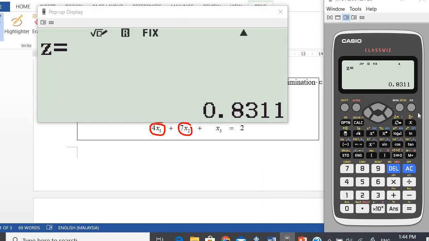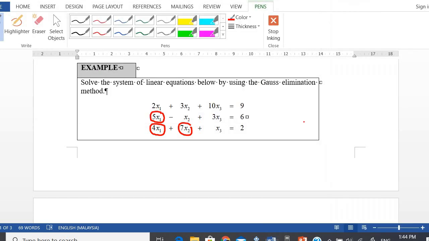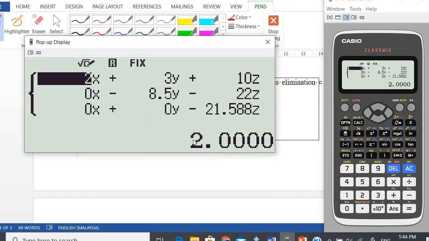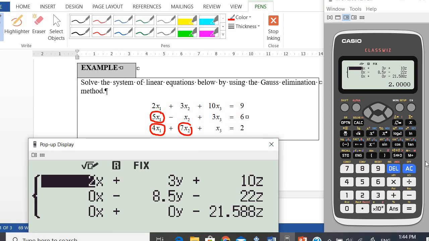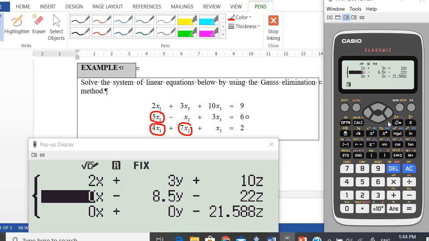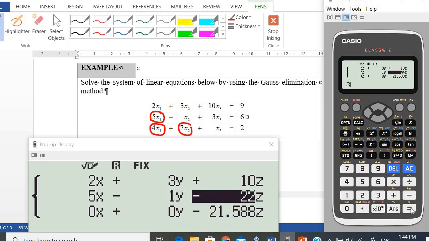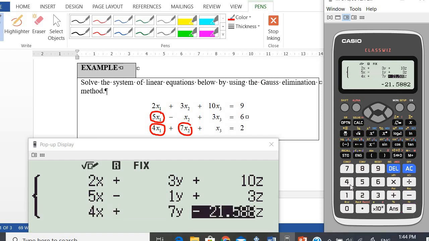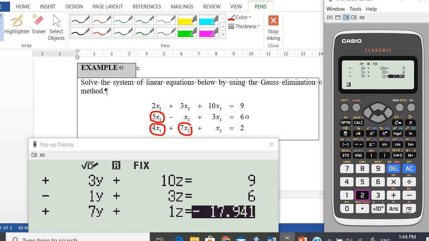Of course, you can check. Let's say we input the original system here. First row is the same, second row, this is 5, and then -1, 3, 6, and this is 4, 7, 1, 2.